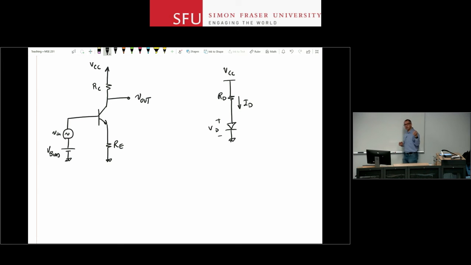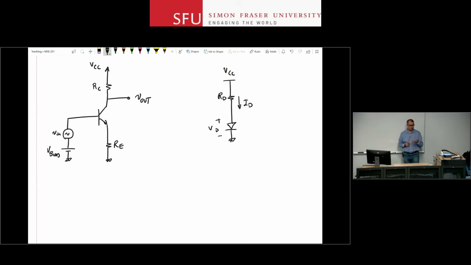So some change in VCC is still going to cause a little bit of change in the diode current, but the change in the diode current will also change the voltage drop across RD. And that RD doesn't allow too much change in the diode current. Right? It moderates it. It basically keeps it in charge. Same thing happens here. So just accept that for now.